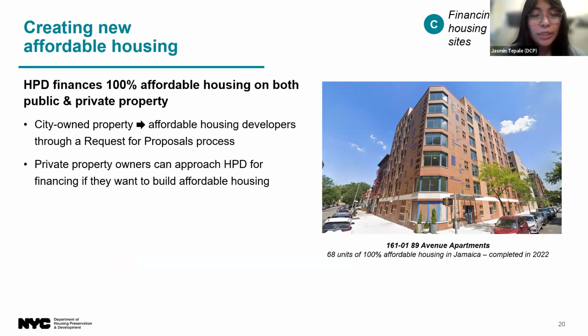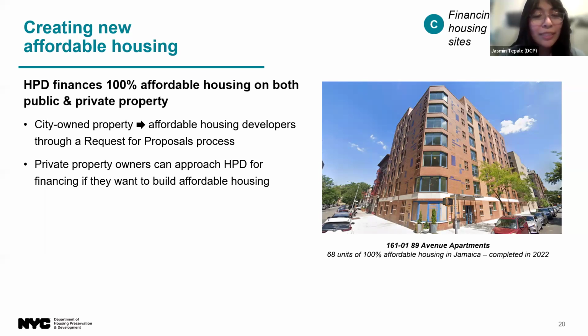And so just a little bit on HPD and how they work. HPD finances 100% affordable housing on both public and private property. So essentially all the units are affordable. They do this through a number of ways, like through loans, tax incentives, and other public resources to develop housing. If there's a public site, so a site owned by the city, HPD can issue a request for proposals for developers to construct and develop a project on that site.